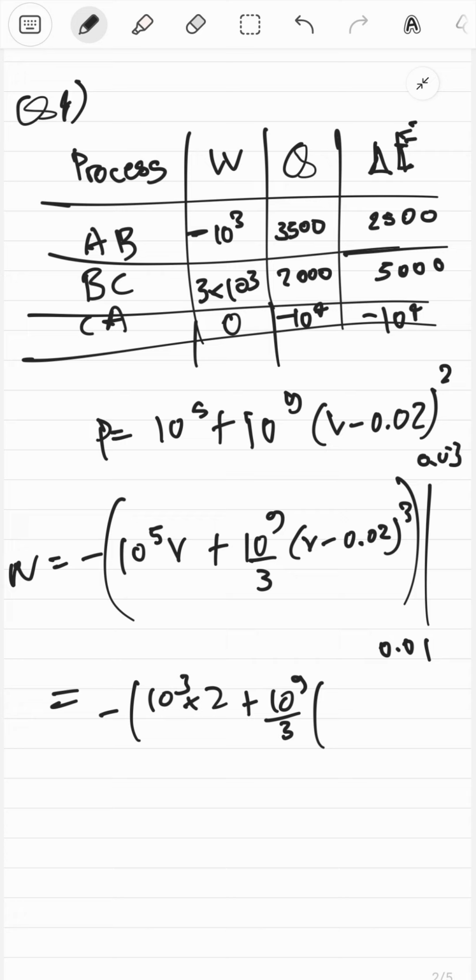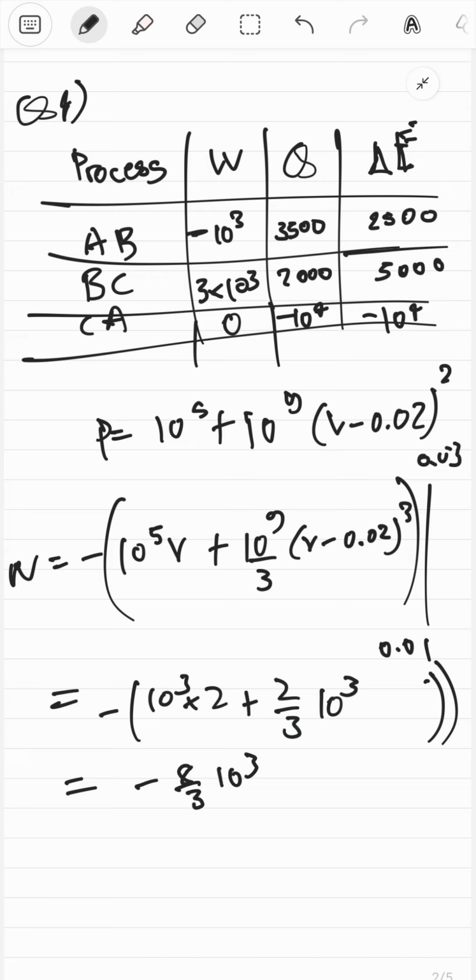So it's 0.03 minus 0.01 cubed, so that's going to be 10 power negative 2 cubed, that's 10 power negative 6, minus, just put negative of that, and that's why this is plus. Just put that over there, you just get 10 power negative 6. And so this combined is 2/3 of 10 power 3. So this just becomes negative. 6 plus 2 is 8, 8/3 of 10 power 3.